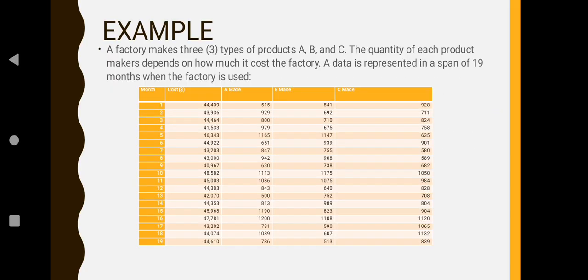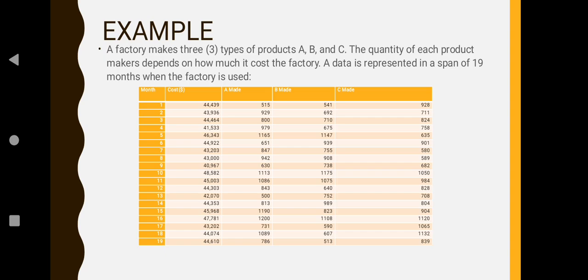For example, a factory makes three types of products A, B, and C. The quantity of each product made depends on how much it costs the factory. The data is represented over a span of 19 months when the factory is used.